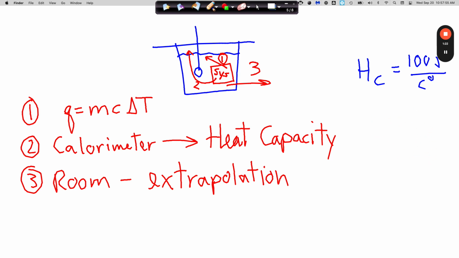When we then use our calibrated calorimeter, our heat capacity would be 100 joules per Celsius degree. Our energy would be what we're solving for, and our delta T is our change in temperature, which would be that distance on the graph. Is that okay? And we'll play with it as we do calculations.